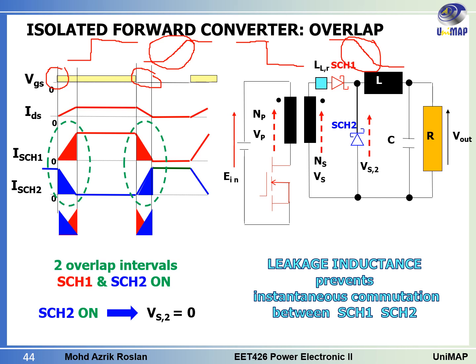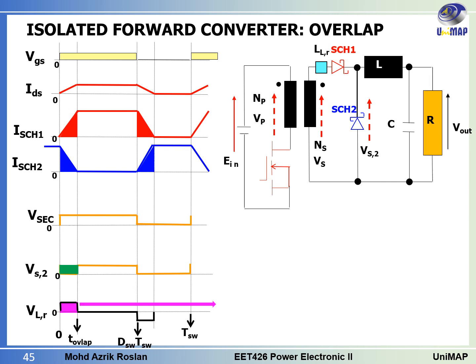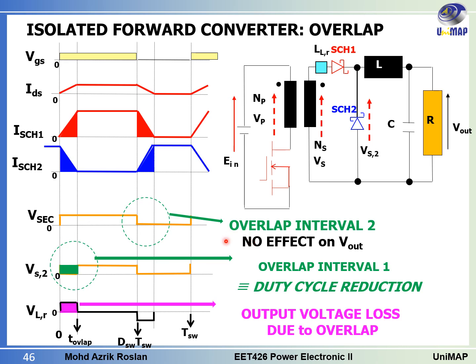Because it's considered short circuit, the current still flows through the diode, so the voltage during that period is still 0. Okay, from the previous slide, I believe I already explained why the 0 voltage here will affect the overall V out here. That is because we have the voltage drop at this point, due to the leakage inductance that we have.